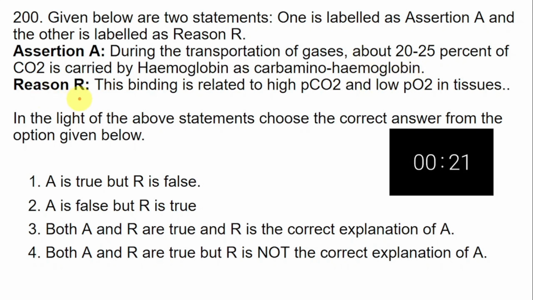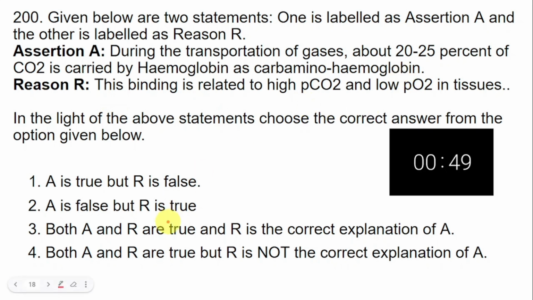The reason statement says this binding is related to high partial pressure of carbon dioxide and low partial pressure of oxygen in tissues. This is also correct. And this is the reason why carbon dioxide binds to hemoglobin. So the answer will be both the statements are correct and R is the correct explanation of A.